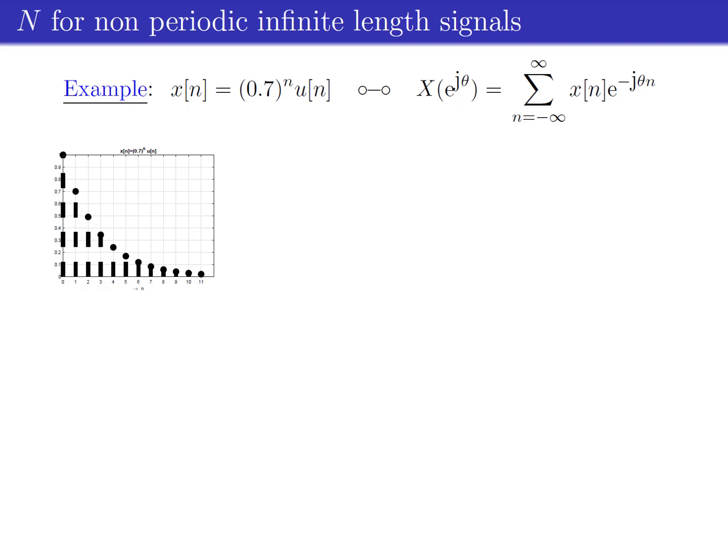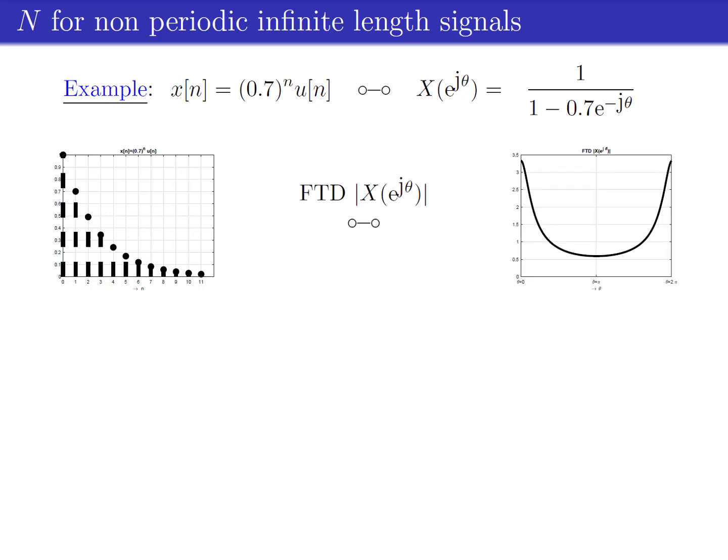The DTFT of this function results in an infinite sum from which the exponents can be combined, which reduces into the given mathematical result. A plot of the absolute value of this DTFT result is depicted in the right-hand side figure, which clearly shows the low frequency behavior of the exponentially decaying function.